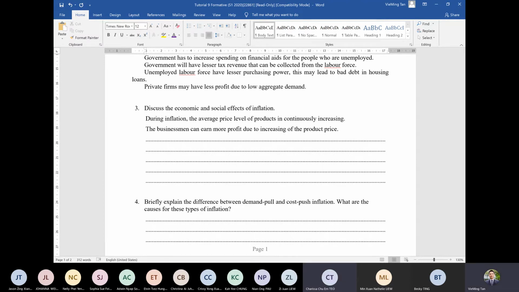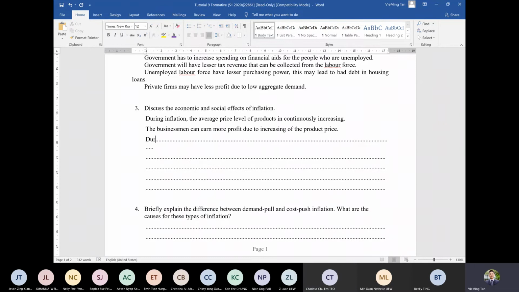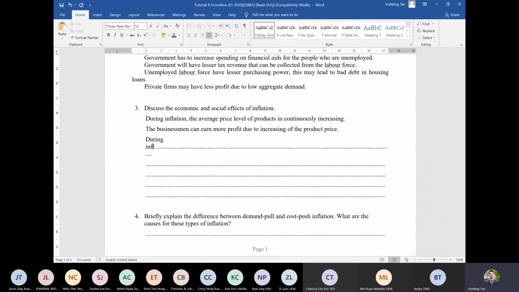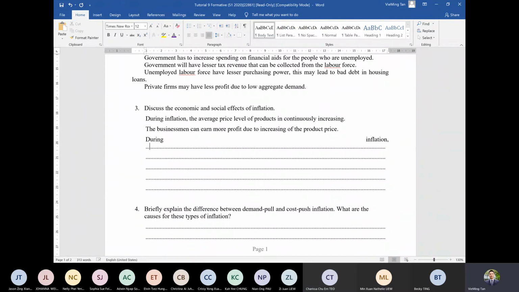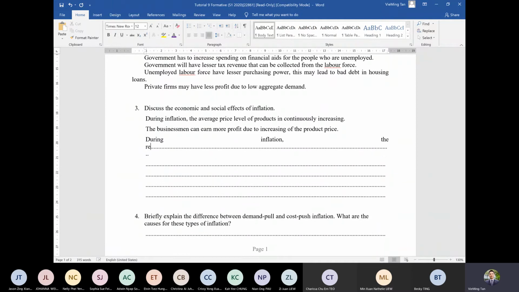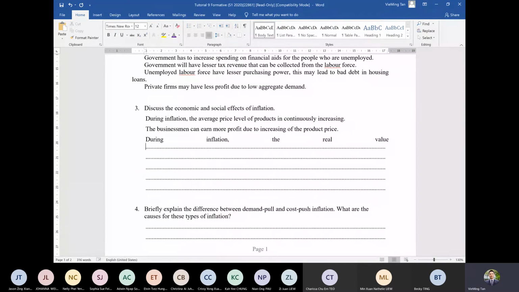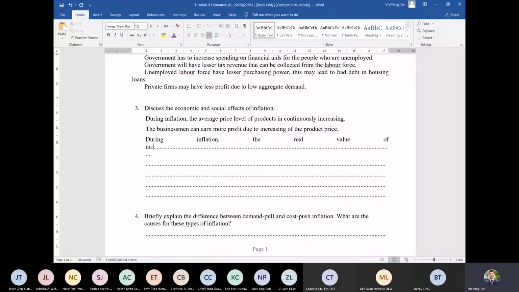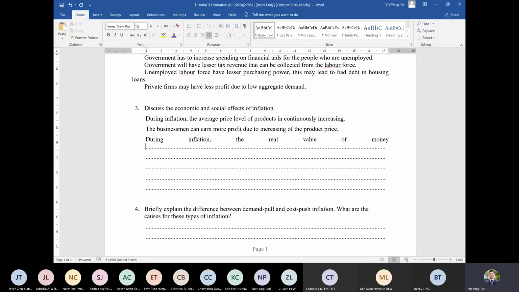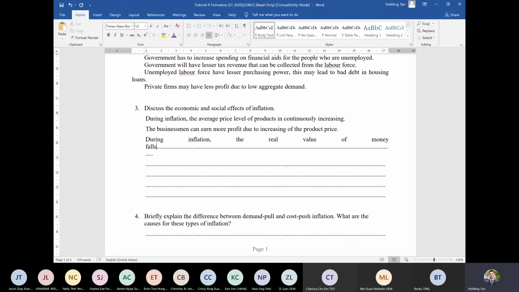So that means during inflation, the real value of money falls. The real value of money is reducing because the price of the products is increasing.